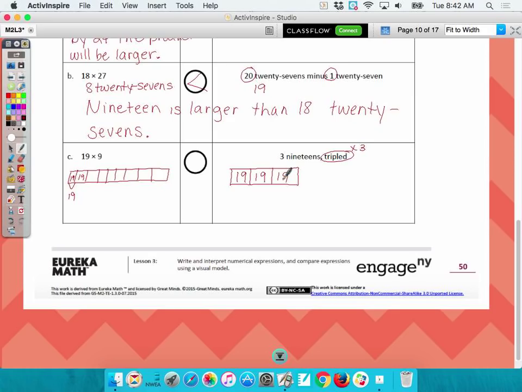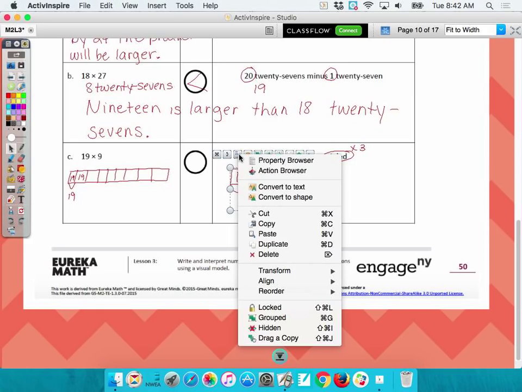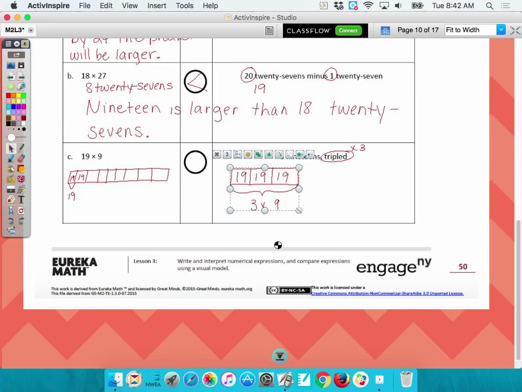Okay, and now if I triple that, so this is 3 19s, right? If I triple it, what's it going to look like? 3 more. How many more? 2 more, I think. Right?